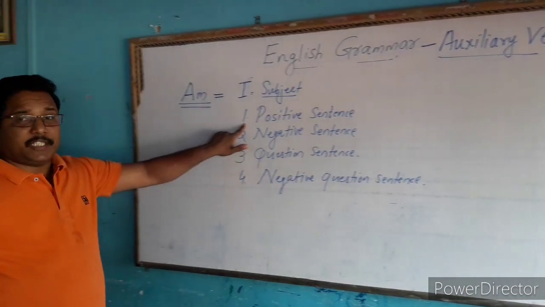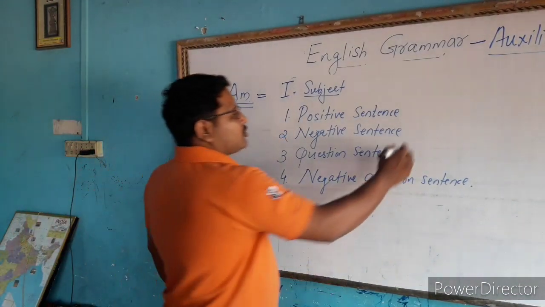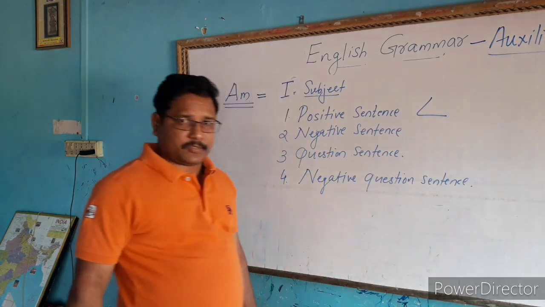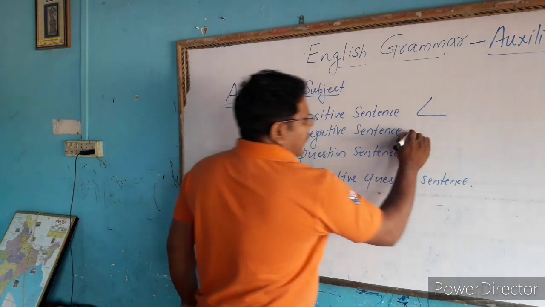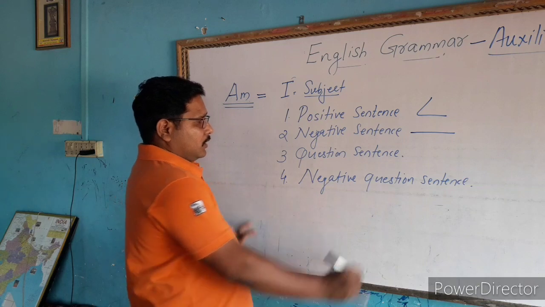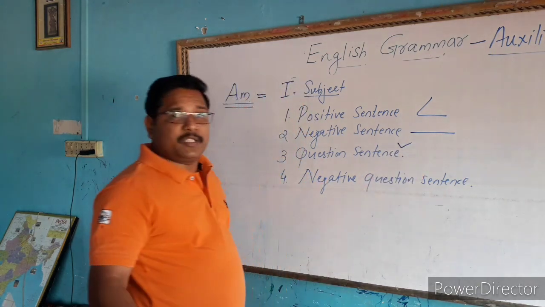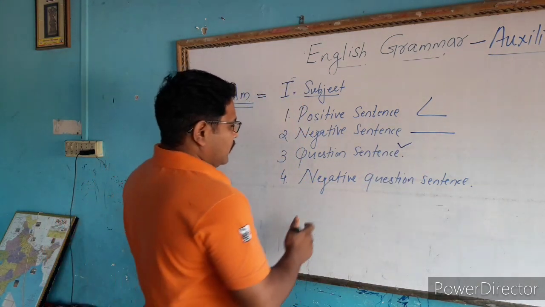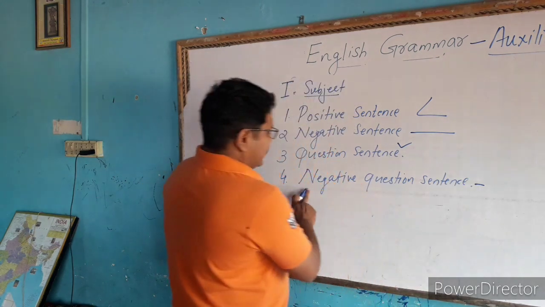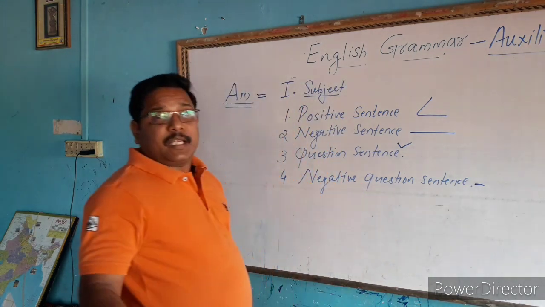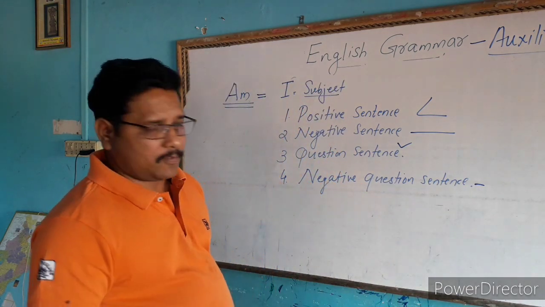See, positive sentence. We can also call this affirmative sentence. Then negative sentence. Third, question sentence, means interrogative sentence. Number 4 is negative question sentence, means negative interrogative sentence.